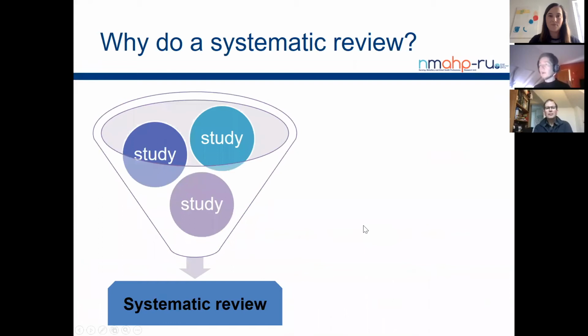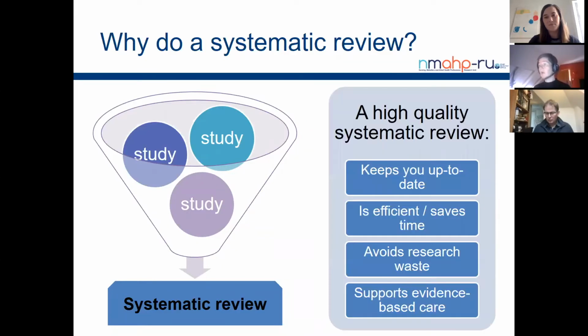So why might you want to do a systematic review? Well, I'm sure that everybody will be fully aware that there are multiple primary research studies published every day all over the world and often on very similar topics. So a systematic review, which brings all these studies together, is recognized to be the best form of evidence if you want to make an informed decision about a form of treatment.